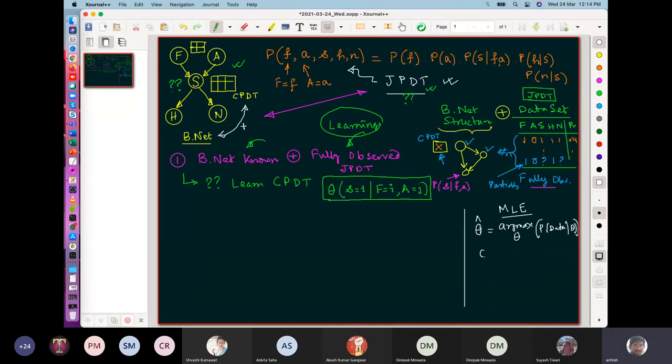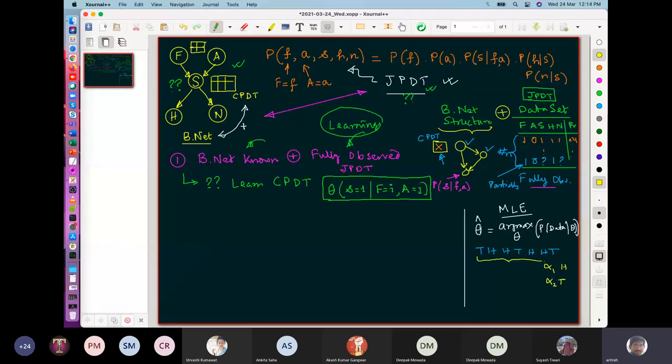Which means that if you remember our coin flip problem, 0 means tail. So suppose I get a tail, head, tail, head, tail, like that. Now, suppose I get alpha 1 number of heads and alpha 2 number of tails.